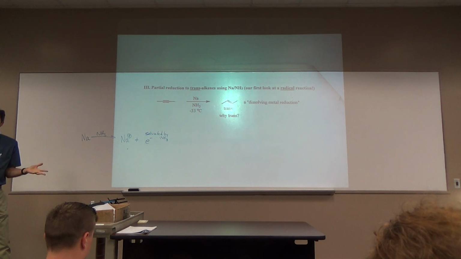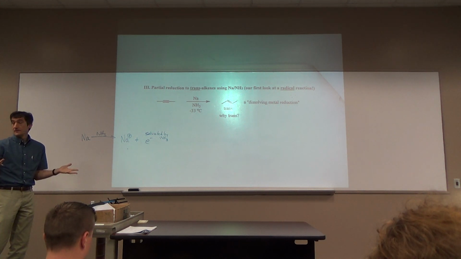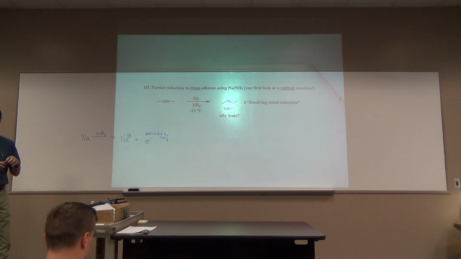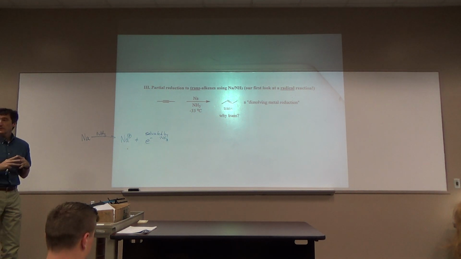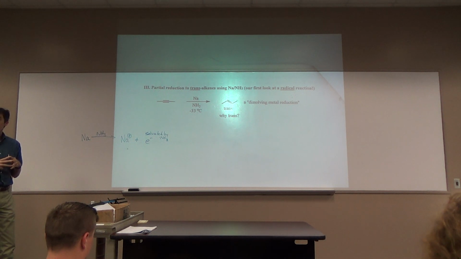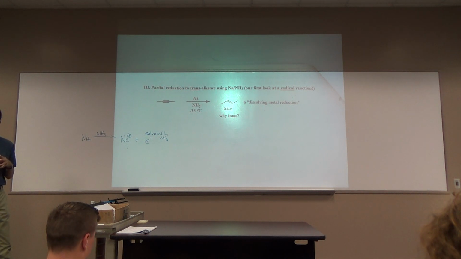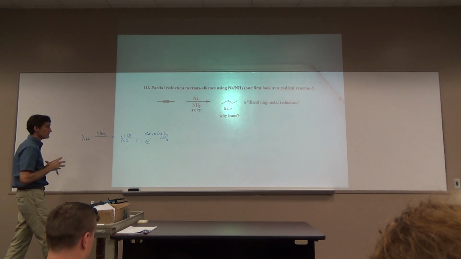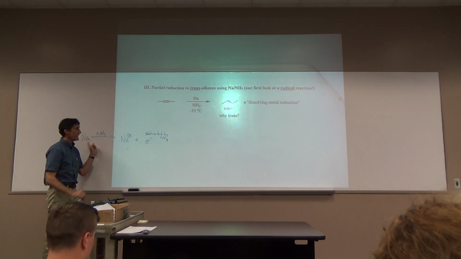What does a single electron look like? Well, that's what we're dealing with. Sometimes this is called a SET. You know the SAT? This is an SET, like elephant. Single electron transfer. This is an amazing reaction.